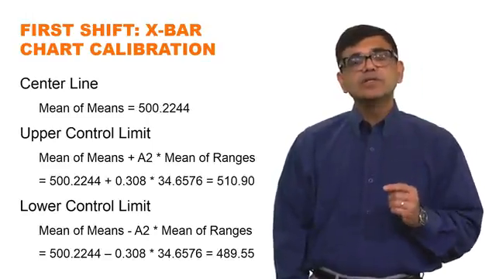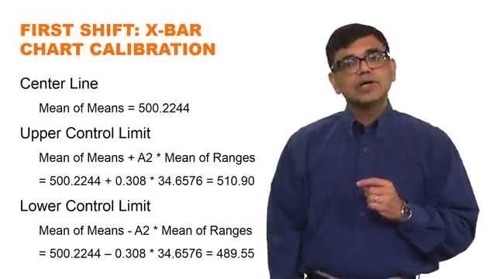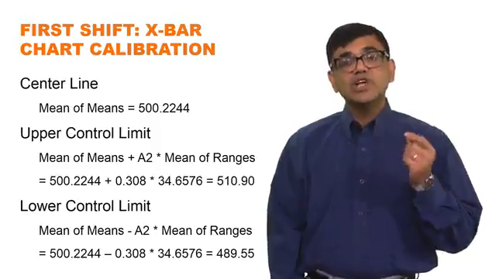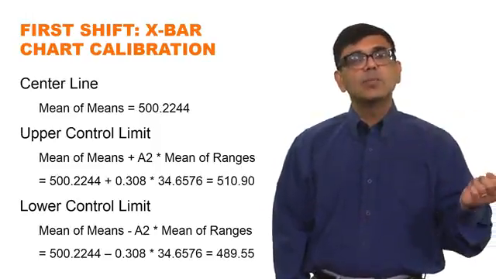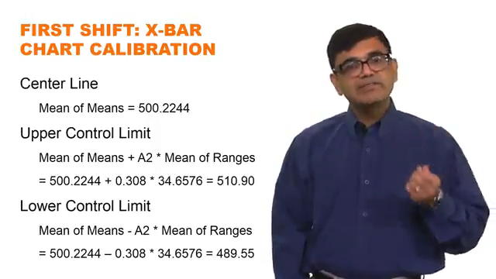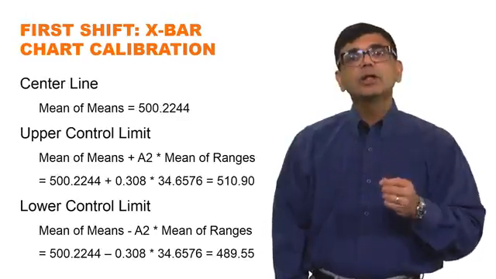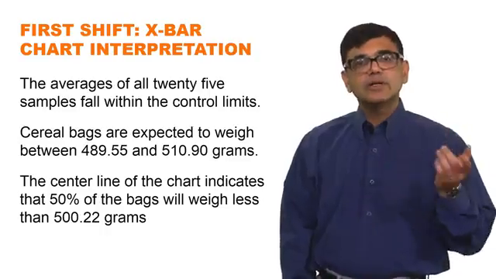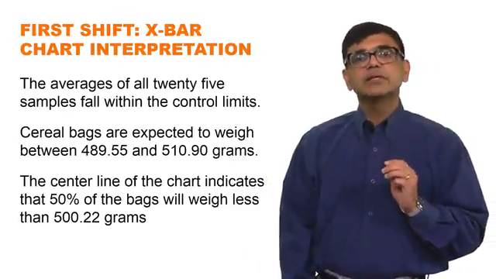First thing we need to do is, because we are calibrating the upper and the lower control limits of this control chart, we need to check whether this calibration is going to work, and for that we go back and look at the 25 means, and what you'll find is that those means fall within these two limits, between the lower and the upper control limit. So the averages of all 25 samples fall within these control limits.